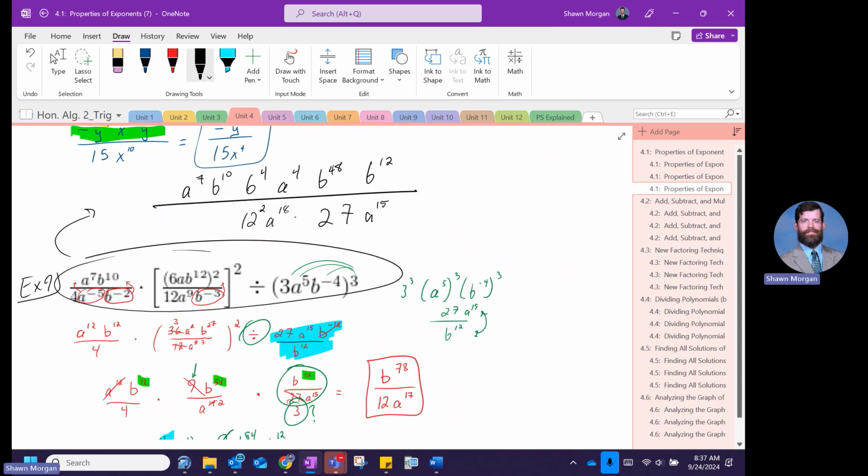A to the 18th, b to the negative 6th, 4, a to the negative 5th, b to the negative 2nd, and then start dealing. Like I said, there's 20 of us in here. I bet there's 5 different ways of working this problem. To me, that looks like that could be a bit confusing if I'm not careful.